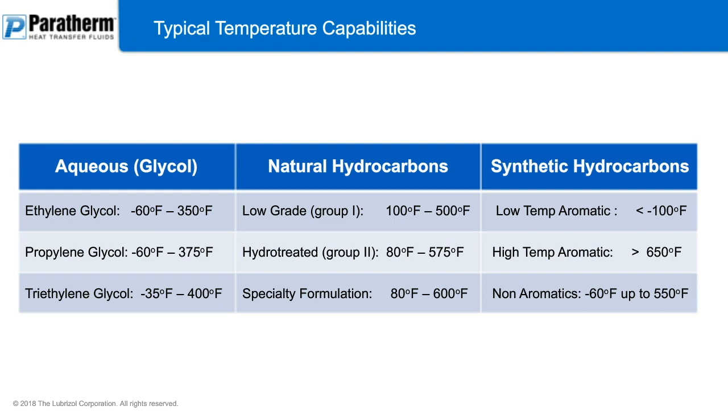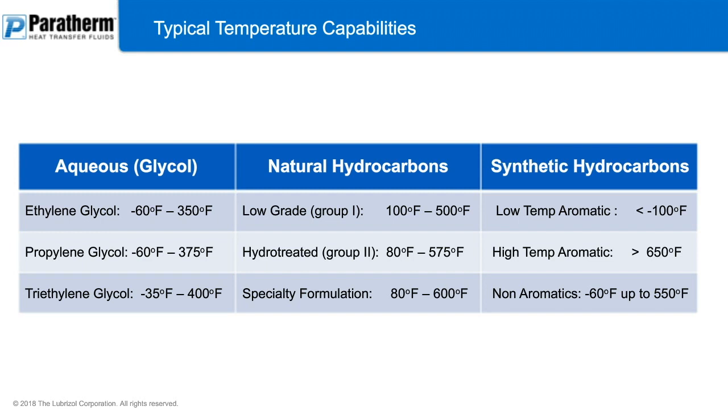Looking at hydro-treated natural hydrocarbon, group 2 base oil chemistries and above, that'll get you somewhere around 575 degrees Fahrenheit capability. Now, looking into specialty engineered formulations from heat transfer specialty companies, you're going to get upwards of around 600 degrees Fahrenheit as your maximum temperature capability.